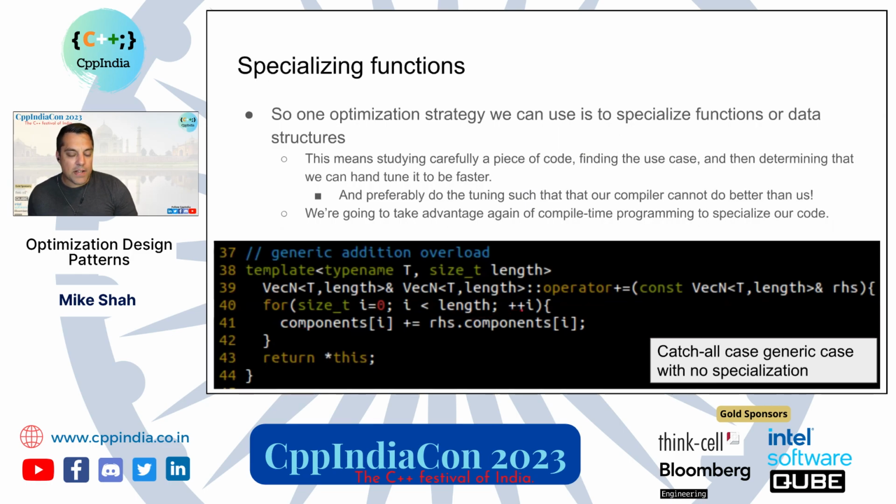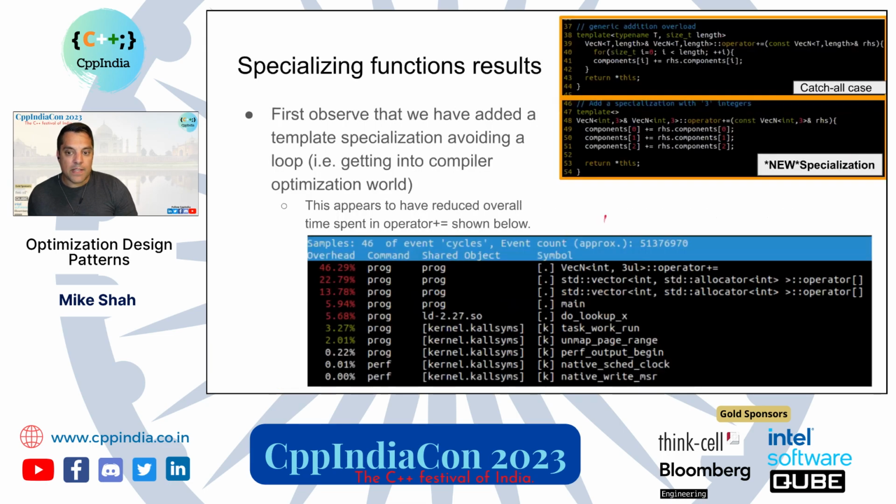Let me go ahead and give you the specialization: if I have vectors of size 3, something that's a known small quantity, you would use these in games or scientific applications, if you have an X, Y, and a Z and are trying to represent some geometry. There's no need to have this loop, because we learned that was one of the things our compiler might do for us, this unrolling process. Let's just have the specialization down here and add in each of the components individually. Okay, right?